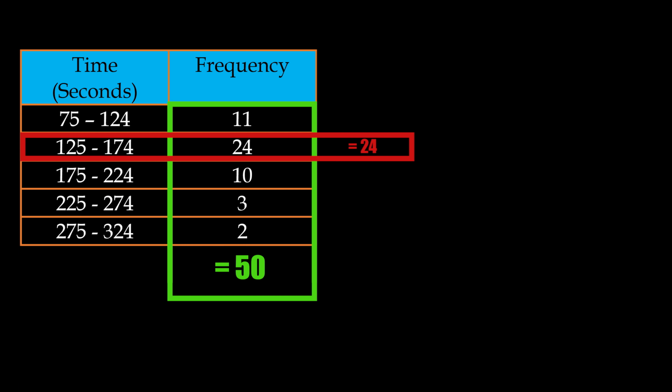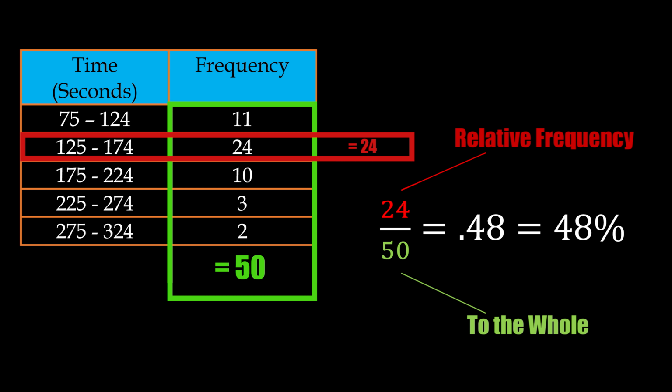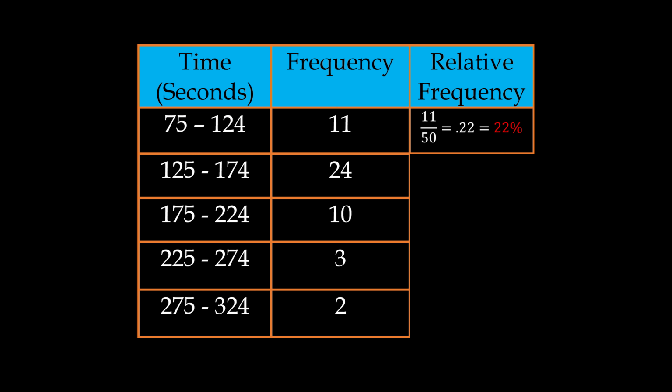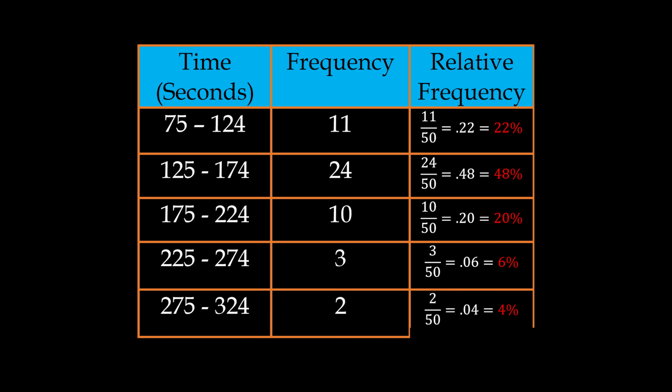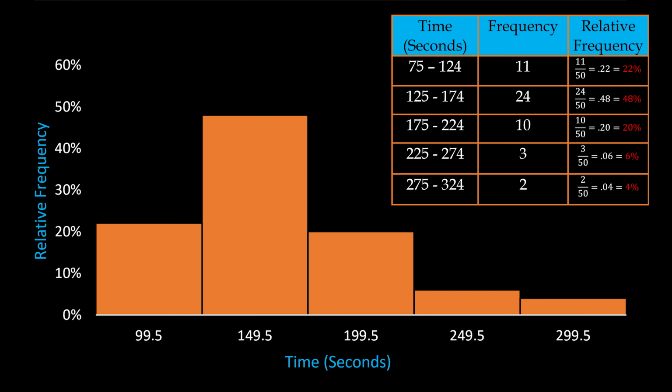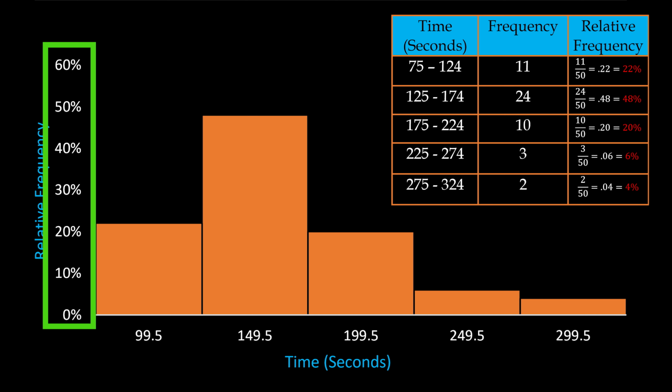Similarly, for class 2, which has a frequency of 24, 24 divided by 50 is 48%. Notice how the shape of the histogram does not change, only the values on the y-axis change.